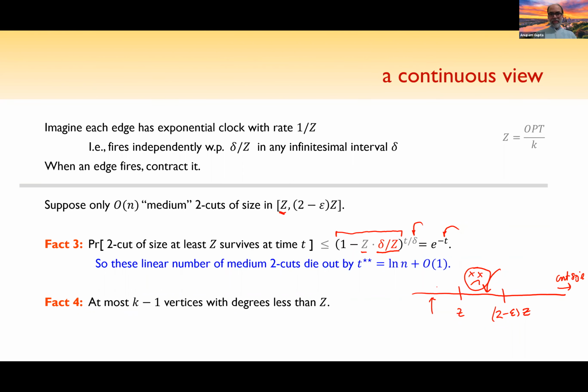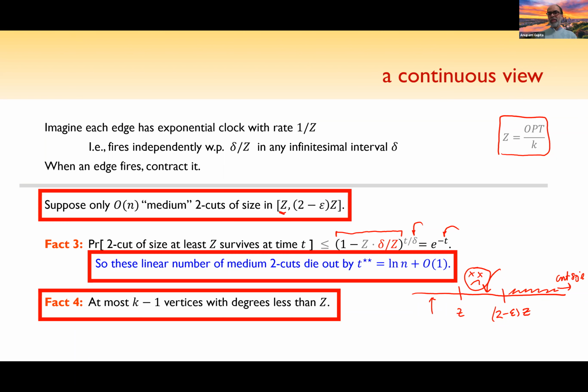Well, this value has been chosen so that if you had k vertices with size smaller than z, you'd have a k-cut. So there are very few cuts like that. Just put them aside. So everything else is large. The degrees are large. There are a lot of edges in the graph. We are winning. And that's the main idea. So if there were only a small number of medium cuts, we win.